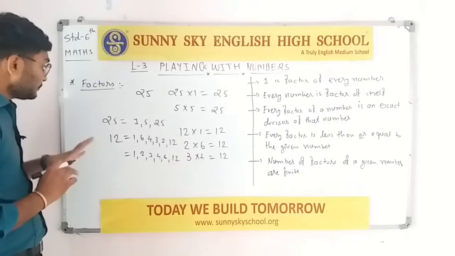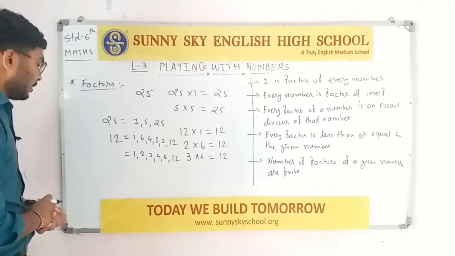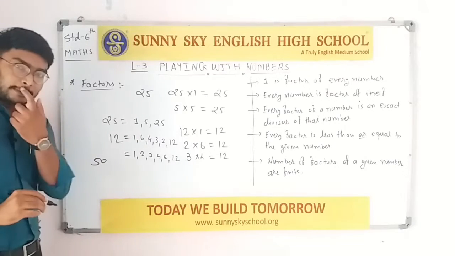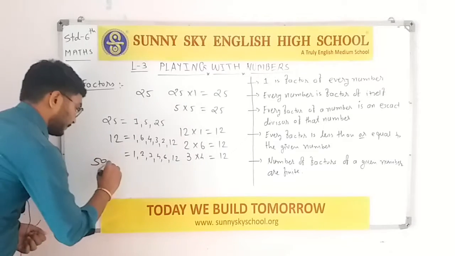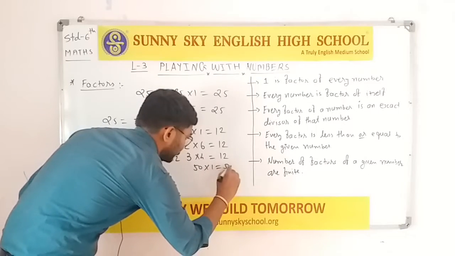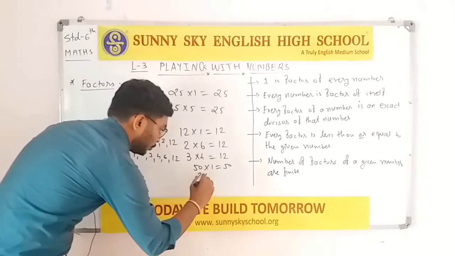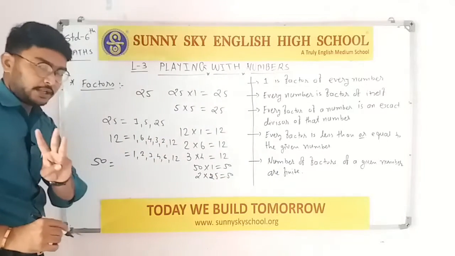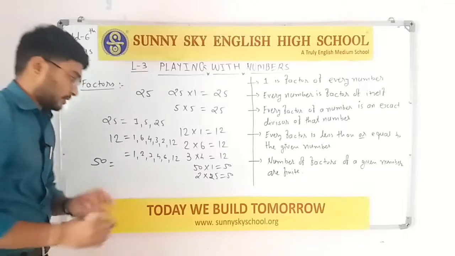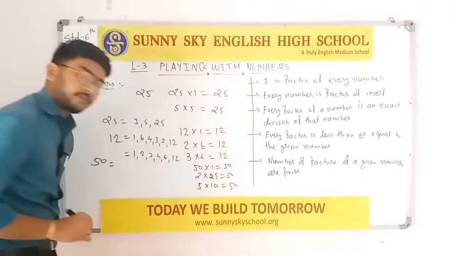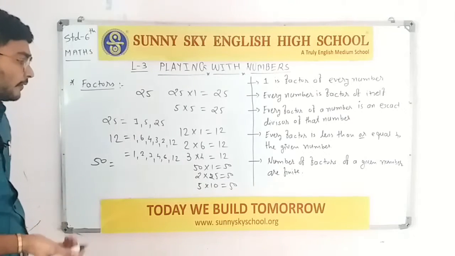Understood? Let's take one more example. Find the factors of 50. 1 fifties are 50, it is always there. Then the table of 2 is possible, 2 twenty-fives are 50. 3 not possible, 4 not possible, 5 possible, 5 tens are 50.